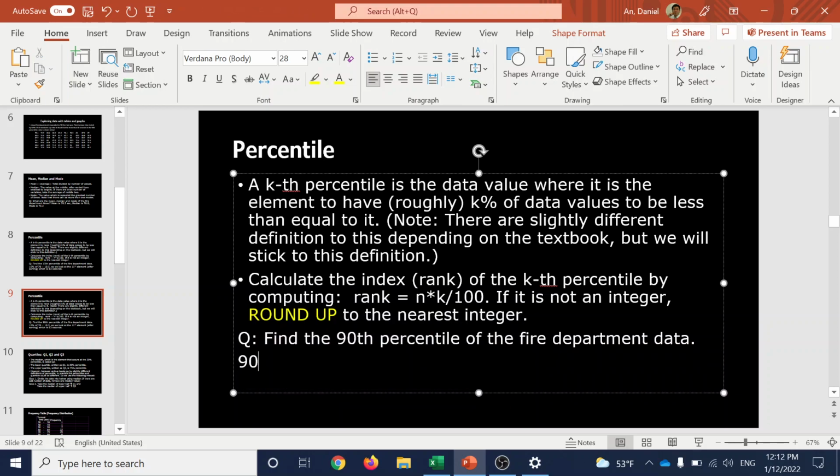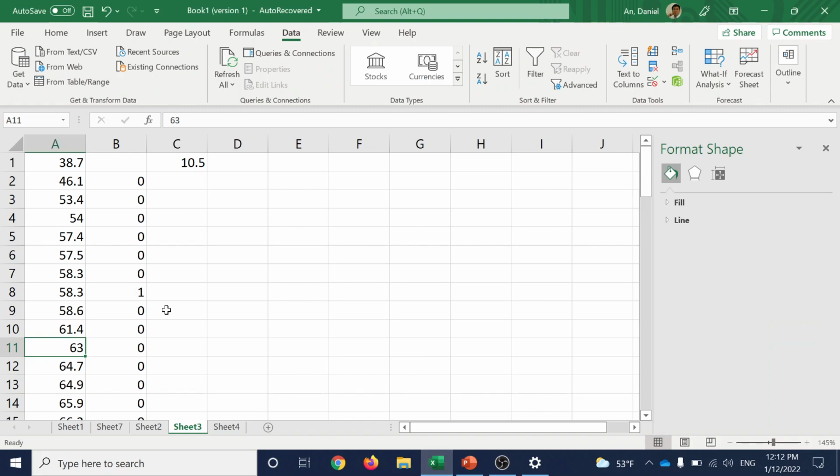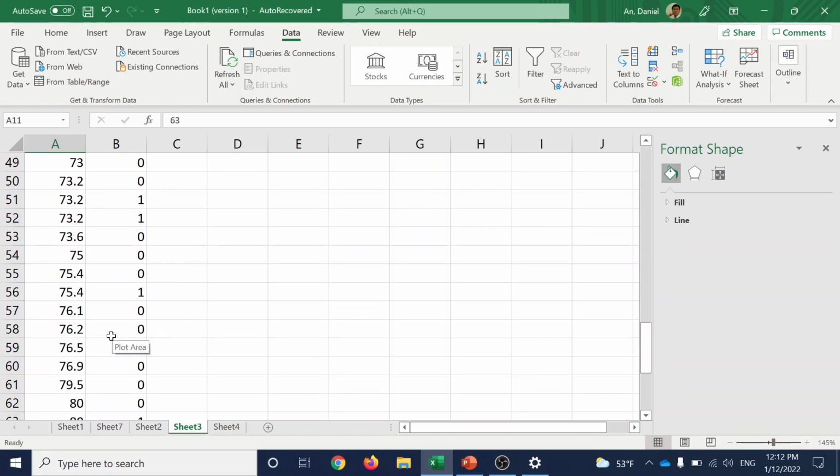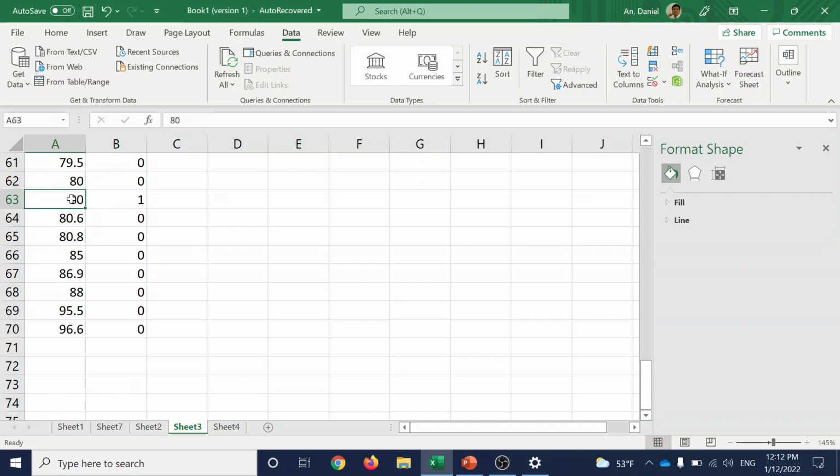So 90% of 70 is 70 times 0.9, which is 63. So we are going to go to the Excel file and look at the 63rd element, and it's exactly 80. So that's good. There are cases where the fire department had more than 80 seconds of turnout time, but at least the 90th percentile was 80, so that's good.